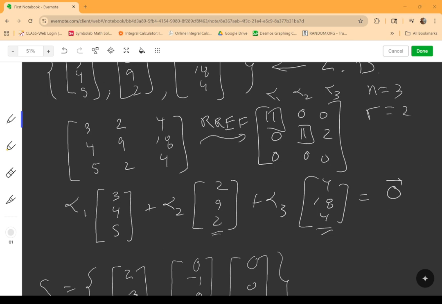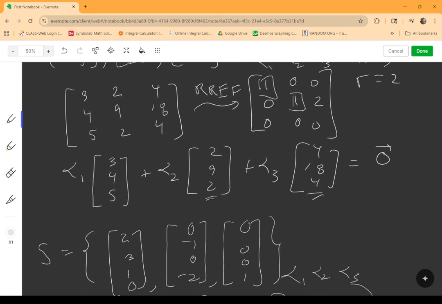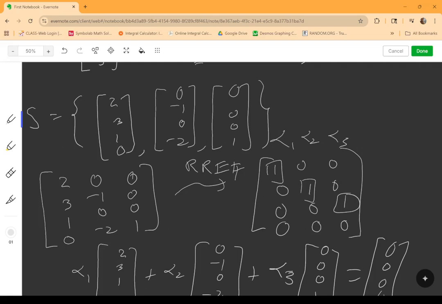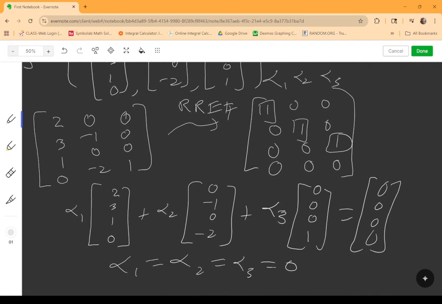And we saw that those were not equal, so by definition, if and only if, not linearly independent. In our second example, we have N to be 3, and we have 3 pivot columns. So R is 3. And that led us to the result that it was linearly independent.